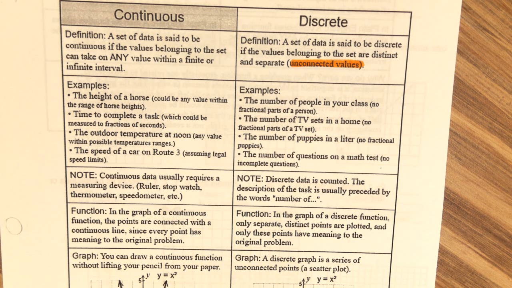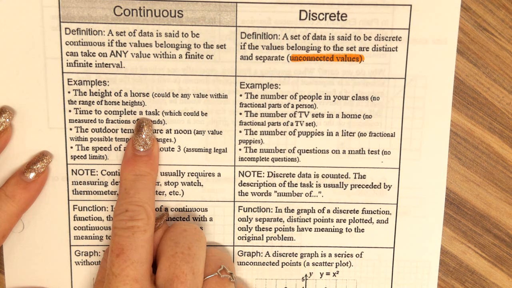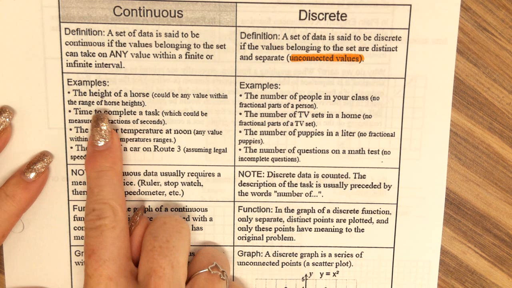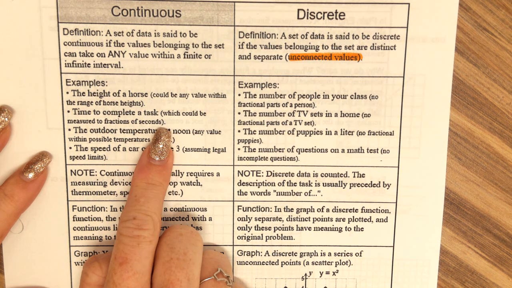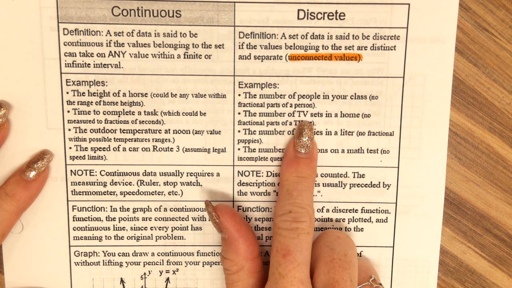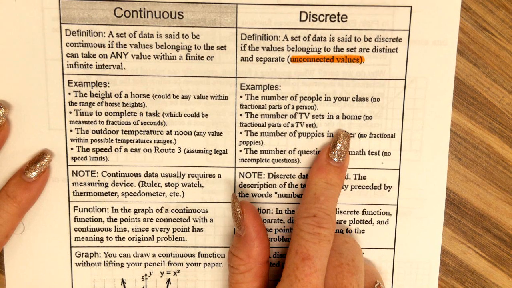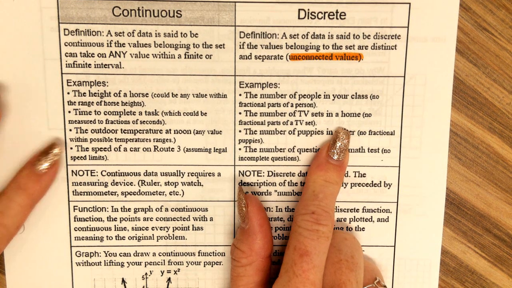I can't have 1.3 people. Over here, continuous: the time to complete a task. Can time be measured in fractions and seconds? Yes. Discrete: the number of TV sets in your home. Can you have half of a TV? No, you can't.